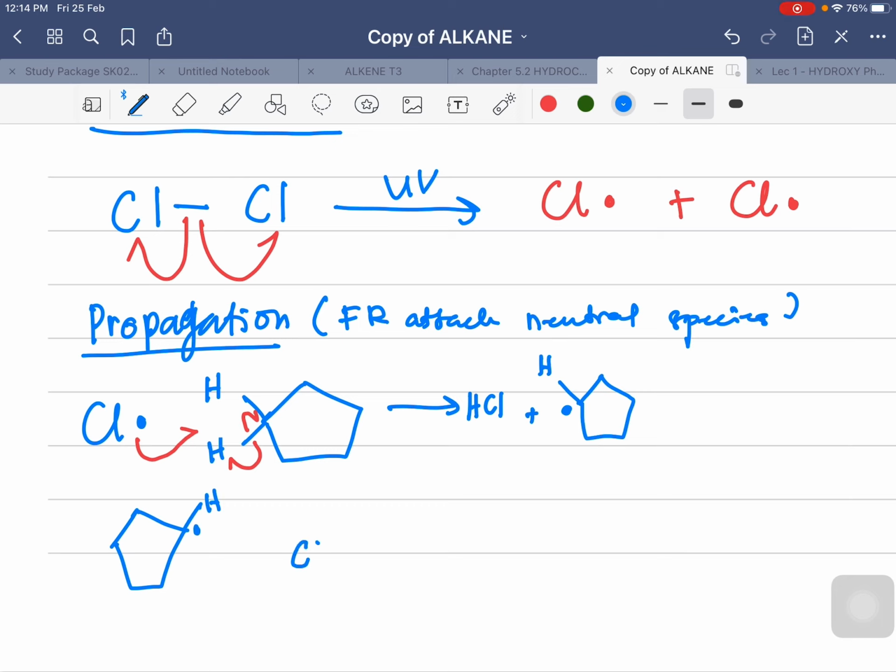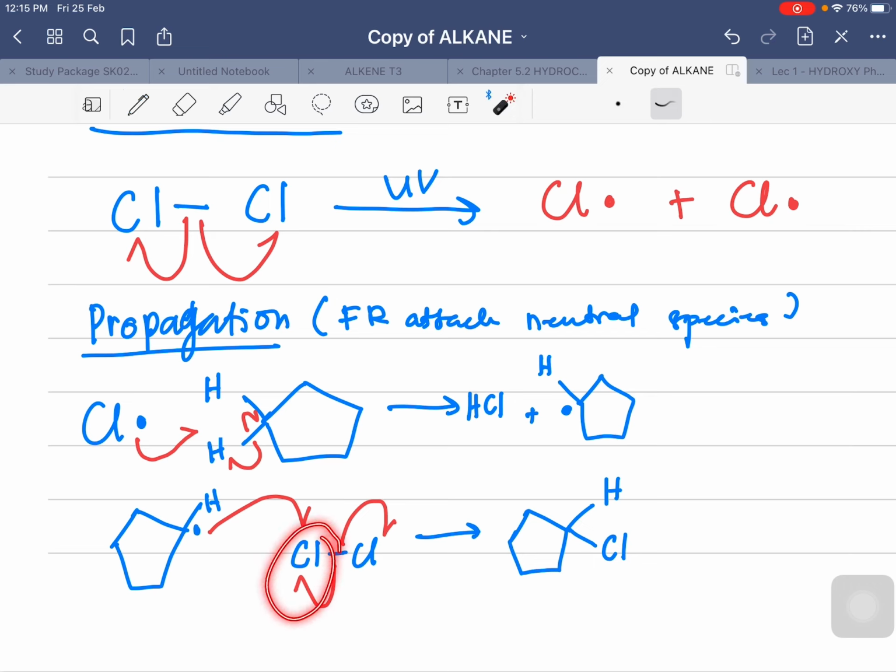So kita nak attack chlorine yang neutral. So dia attack macam mana? Half headed arrow. Bila dia pergi attack chlorine, chlorine akan break homolytically. Okay, menghasilkan ni hidrogen yang asal, carbon radical bergabung dengan chlorine radical yang baru, dia jadi free radical.